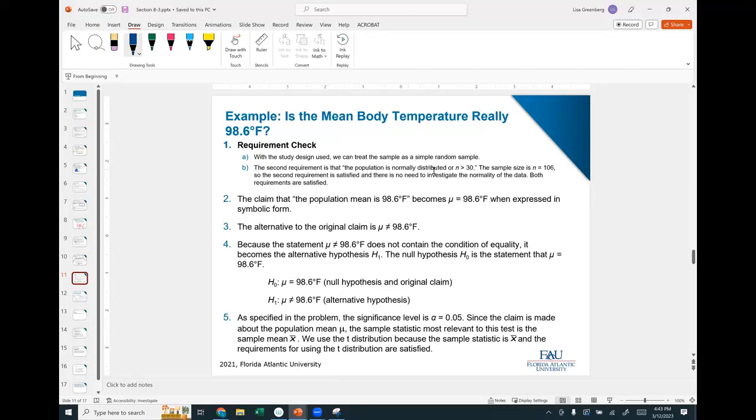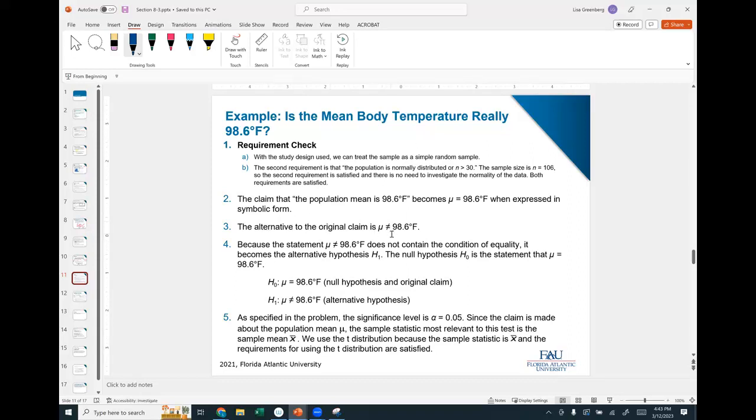And the second requirement, that it's normally distributed or n is greater than 30, we have because n equals 106. So we're good.